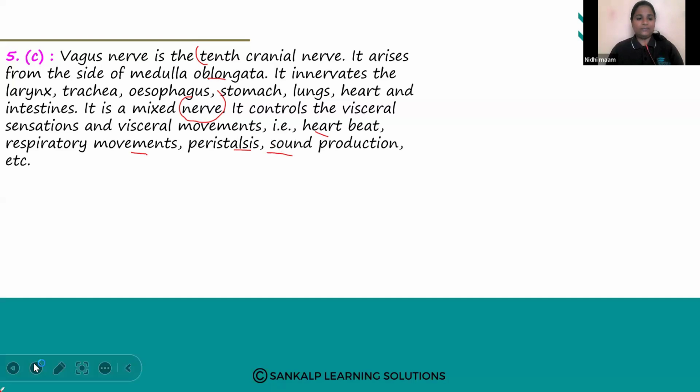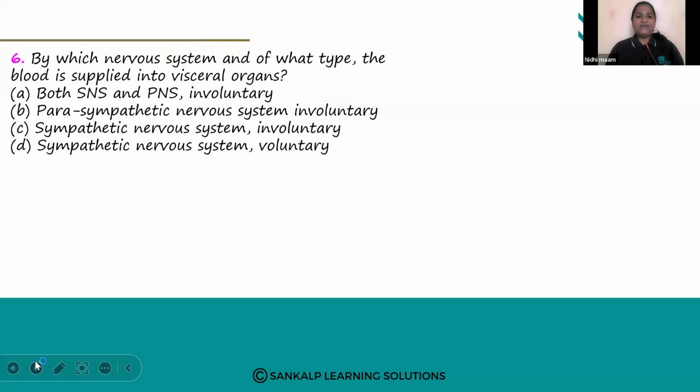Next, by which nervous system and of what type is the blood supplied to visceral organs? We have various nervous systems: the central nervous system and the peripheral nervous system, which was again classified. Among these, which system supplies blood to the visceral, that is, internal important organs?